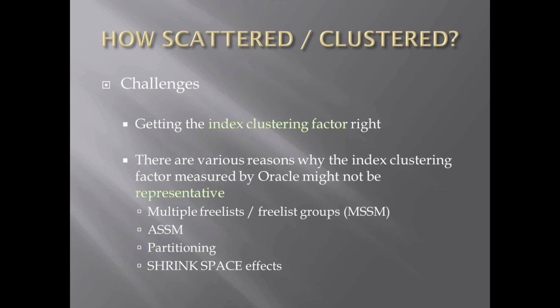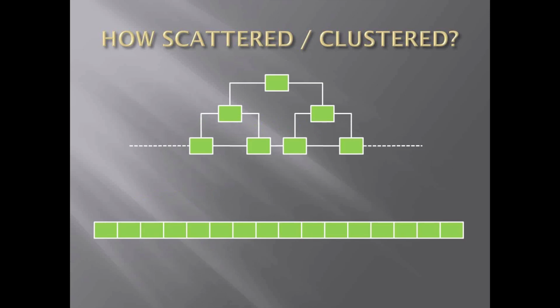And another scenario might be that you use partitioning, or you actually use multiple free list groups with the legacy manual segment space management. And what is happening, basically, is that we end up with the same thing that we have seen now already, but we basically jump back and forth between the same blocks.